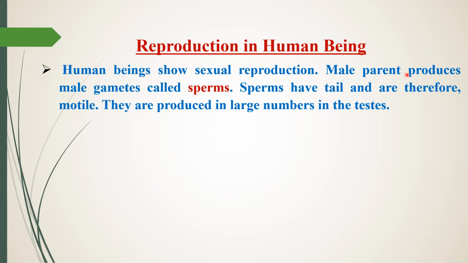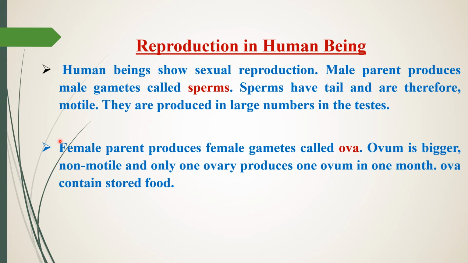the male parent produces male gametes called sperm. Sperm have a tail and therefore are motile. They are produced in large numbers in the testes. And the female parent produces female gametes called ova.